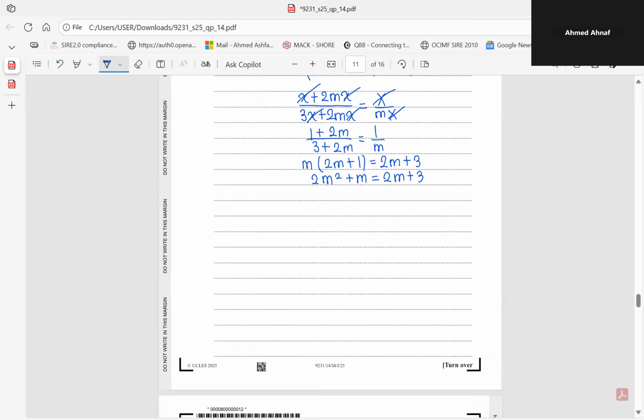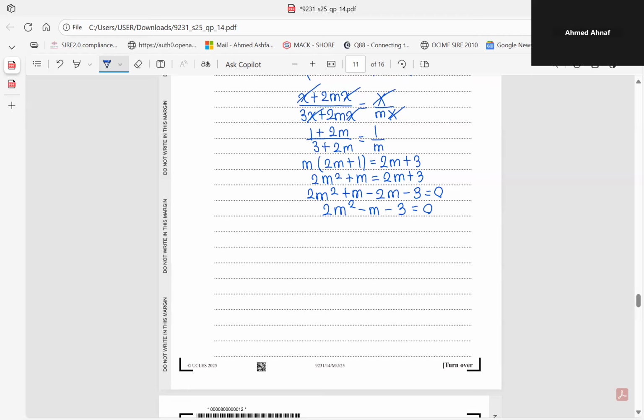Let's move everything to the left hand side. So this is 2m squared plus m minus 2m minus 3 equals 0. It's just 2m squared minus m minus 3 equals 0. So this is a quadratic equation. You can try to either factorize it or use the quadratic formula.